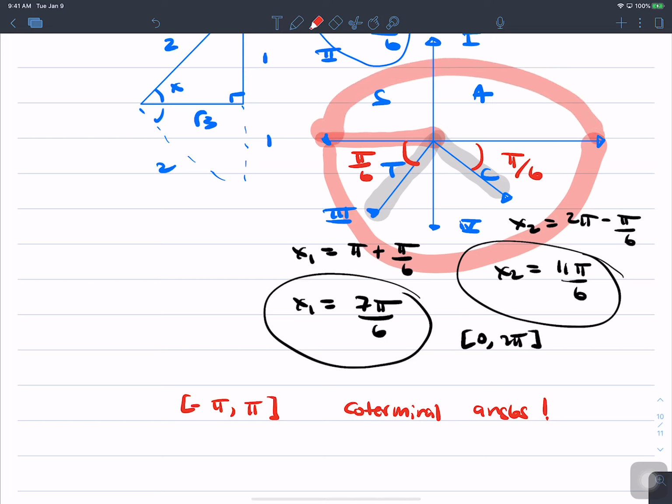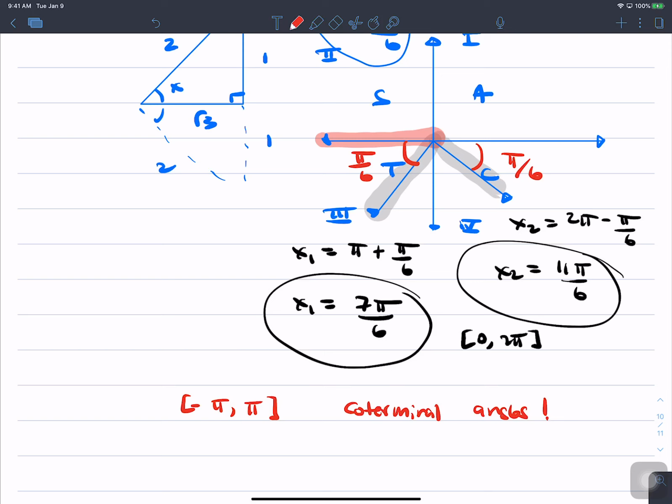So we're rotating it this way. You're starting here and rotating 360 degrees. So we need to find a coterminal angle.